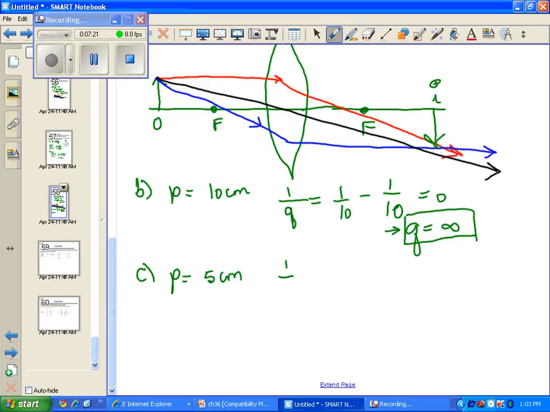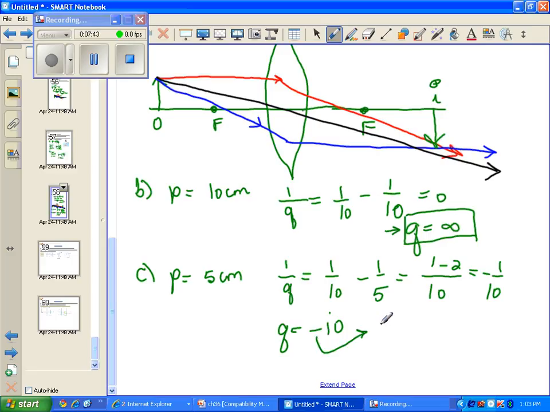This time, 1 over Q equals 1 over 10 minus 1 over 5. Common denominator 10. 1 minus 2 is minus 1 over 10. And that gives us a Q, which is equal to negative 10.